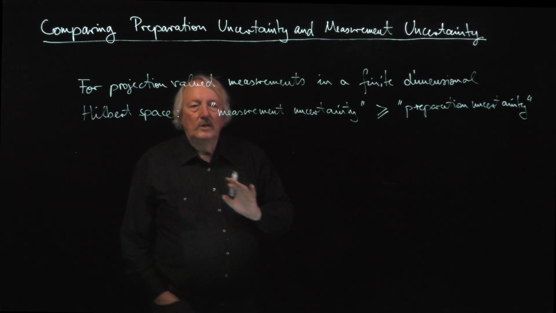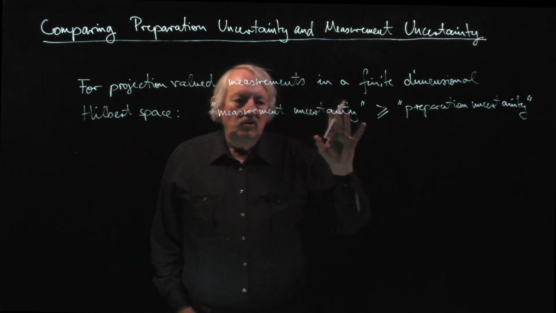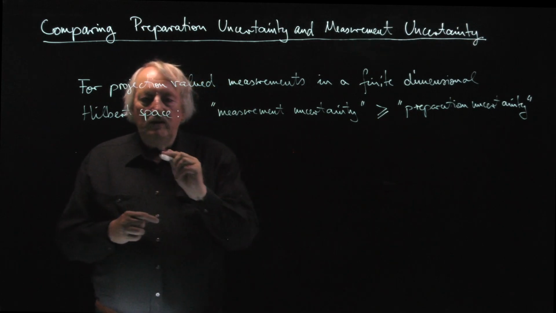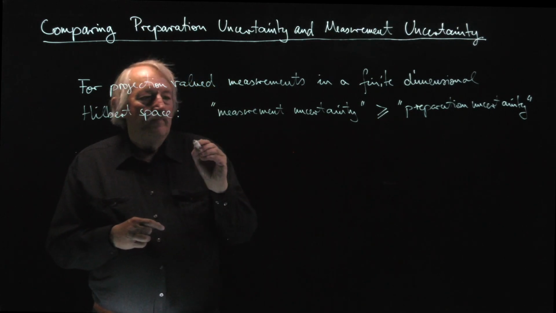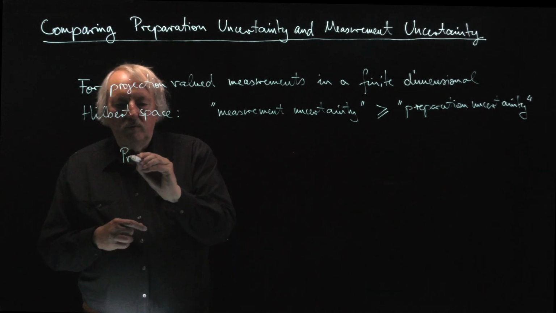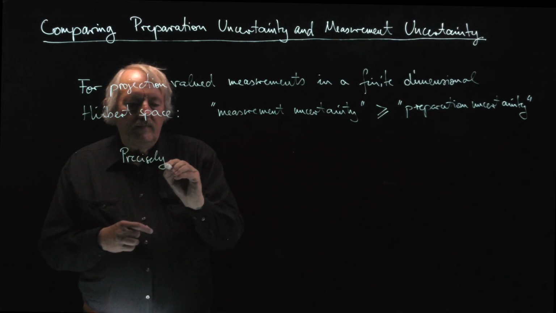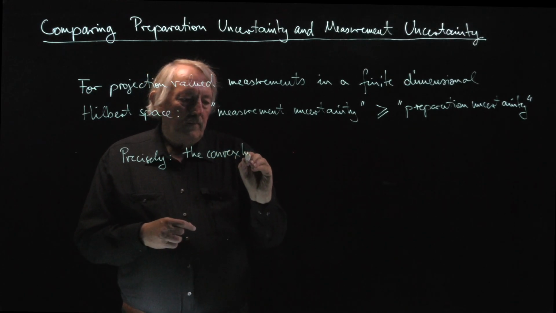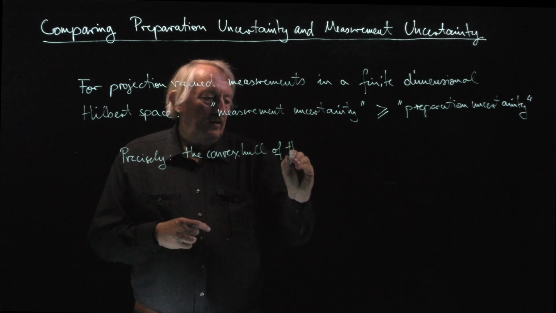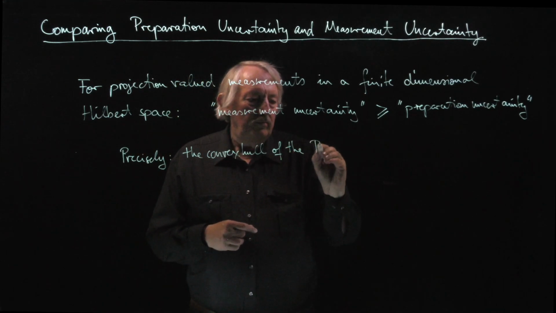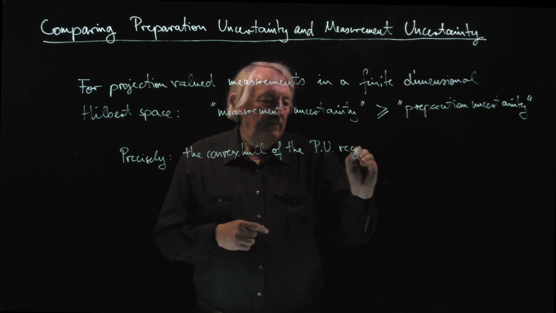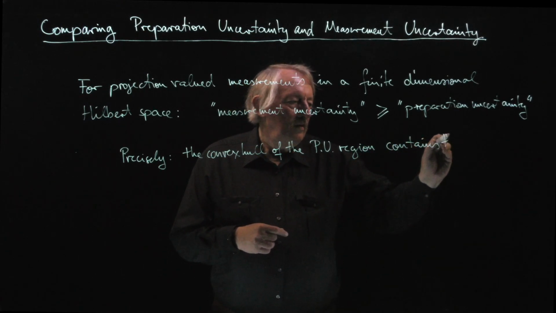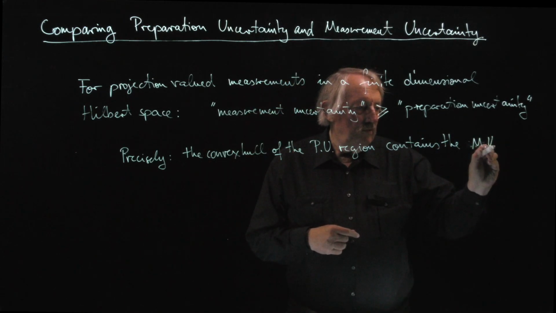So again, these uncertainty quantities are not just simple numbers, they actually refer to the diagram. So the precise meaning of this is, precisely what we show is, the convex hull of, let's say, the preparation uncertainty region contains the measurement uncertainty.